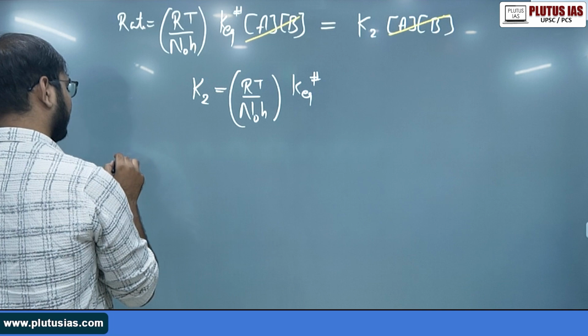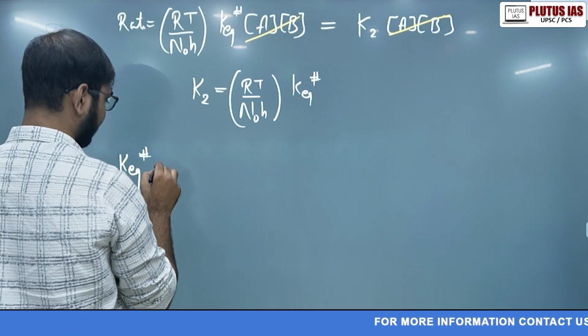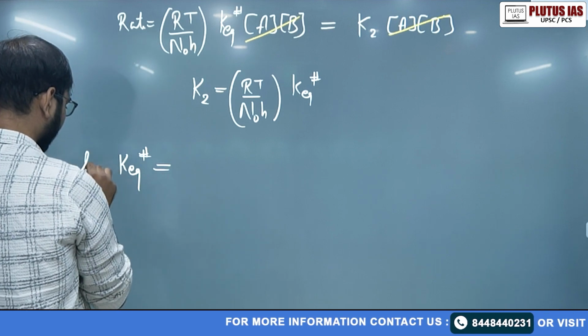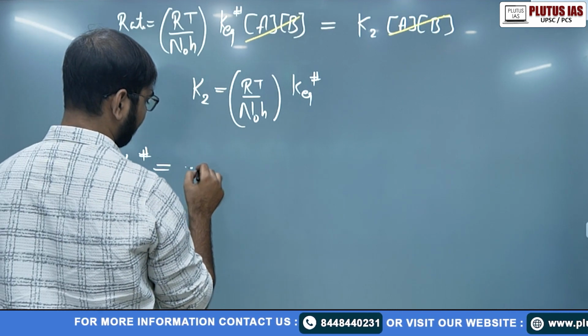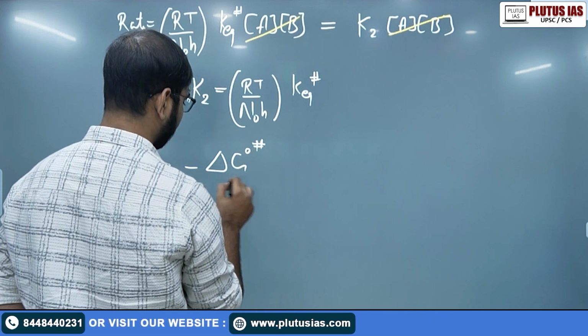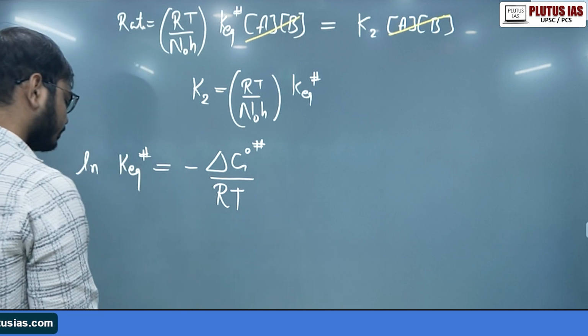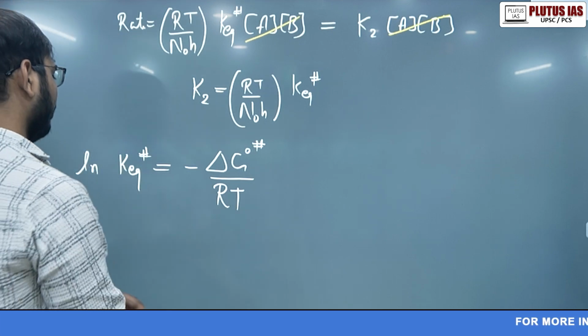And we know that the value of K equilibrium star is given by ln K equilibrium star equals minus delta Gibbs energy of the activated complex by RT. So this is the value that we know.